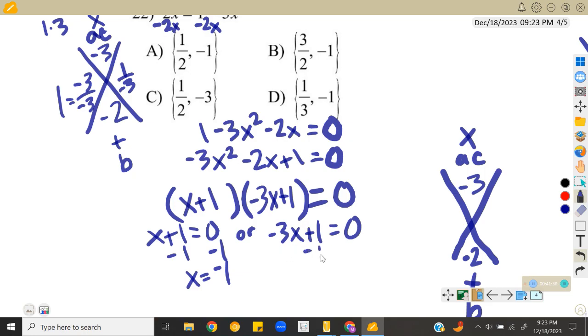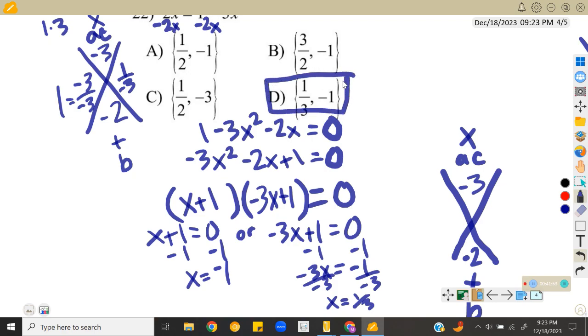On this side, if we take away 1 from both sides, then we will get -3x equals -1. If we divide both sides by -3, then we get x equals 1 over 3. So we would be looking for the one that has a -1 and a 1 over 3, and we see that that option is option D.